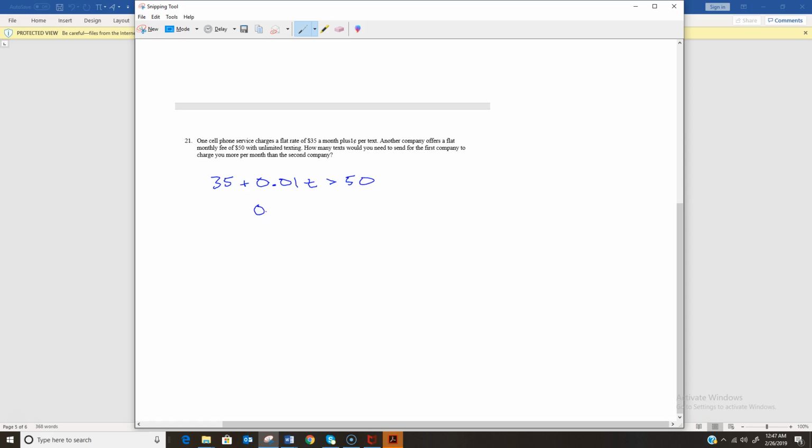So subtract 35 from both sides, and I get 15. Divide by 0.01, and you get 1,500 texts. Yeah, 15 divided by 0.01 is 1,500. So you'd have to have more than 1,500 texts for that first one to be more expensive.